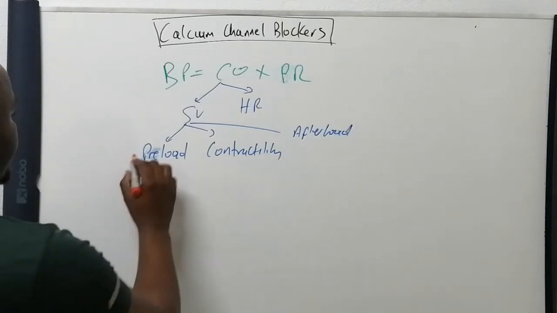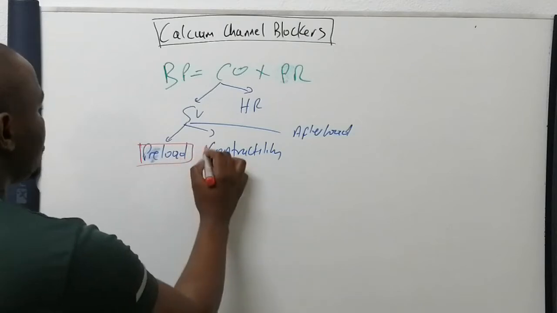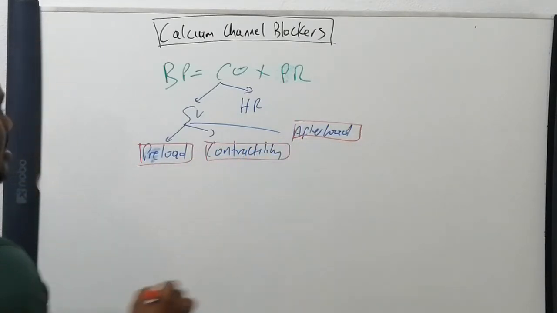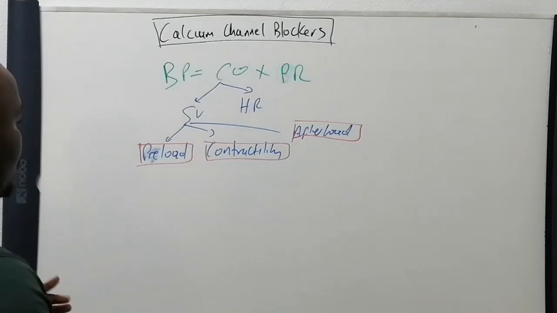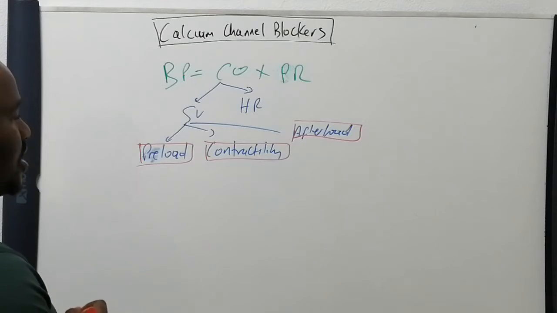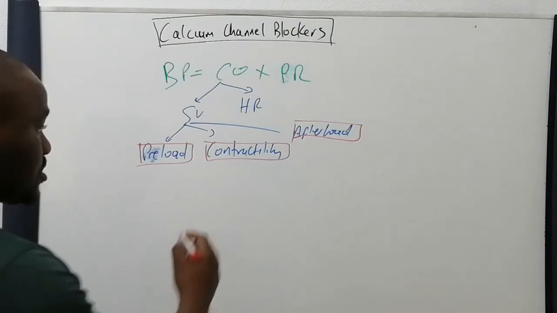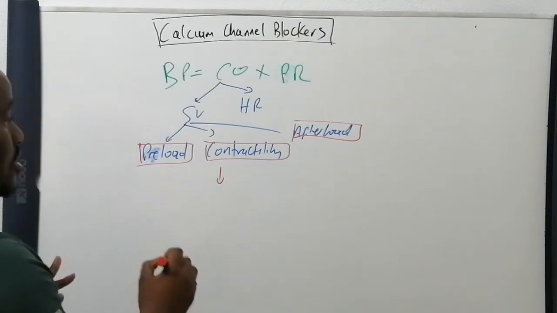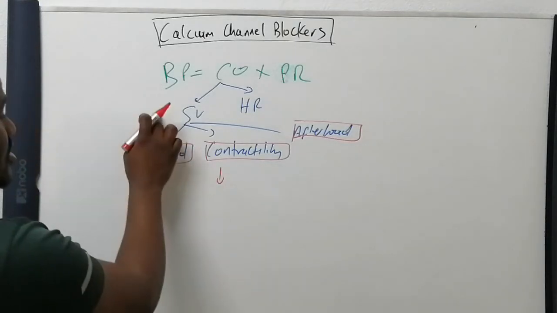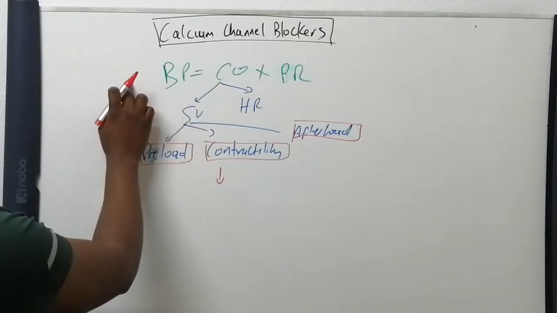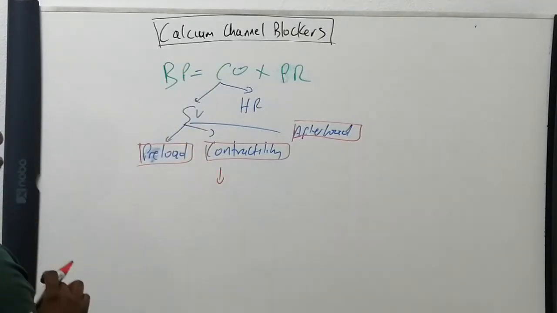I don't want to repeat what I said in the previous videos, but I'm going to come here specifically and talk about contractility. The drugs that we use to decrease contractility, because if you decrease contractility, you decrease stroke volume, decrease cardiac output, and decrease BP, right?